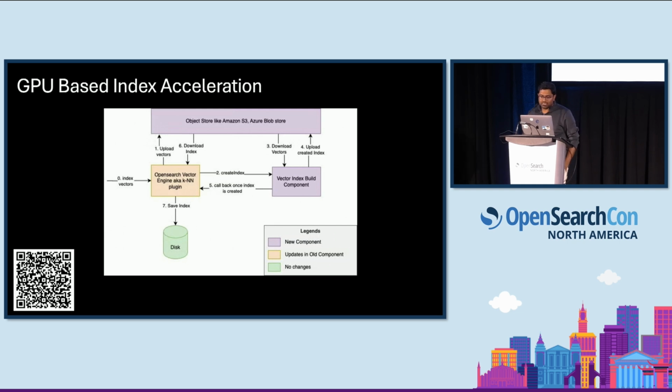And then the vector index build component downloads these vectors, runs through the CAGRA algorithm using GPUs, builds this graph, and then converts it back to the HNSW graph. Because the CPUs only understand the HNSW graph, and the CAGRA algorithm can be run only on the GPU nodes, it's important to convert it back to HNSW.